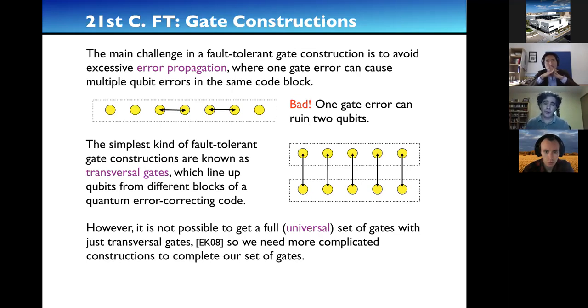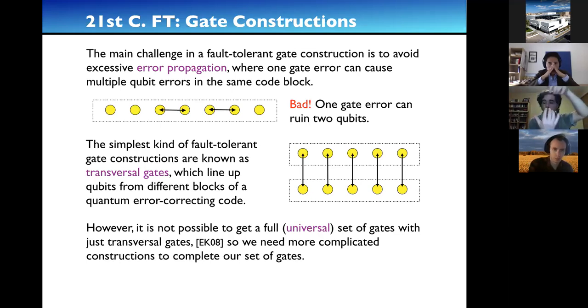So the simplest and standard solution to it is something called transversal gates. Transversal gates take 2 error correcting codes with the same number of qubits, and we line up those qubits as in the picture, okay?